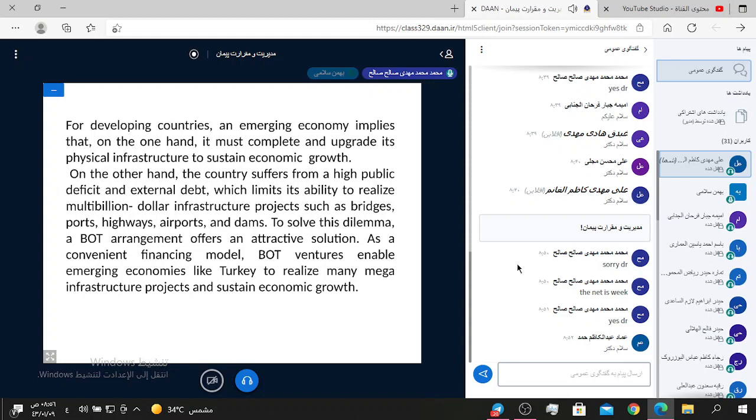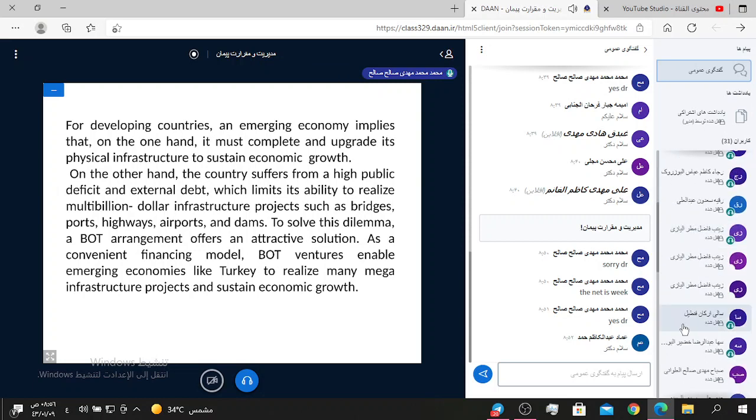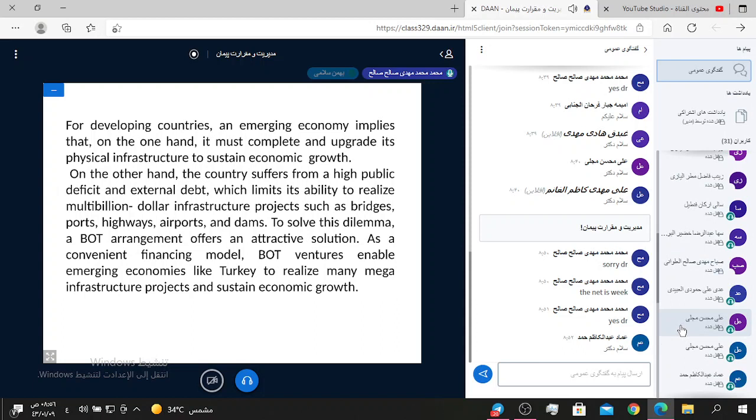To solve this, the BOT arrangement offers a solution as a financing model. BOT ventures enable emerging economies like Turkey to release many major infrastructure projects and sustain economic growth.